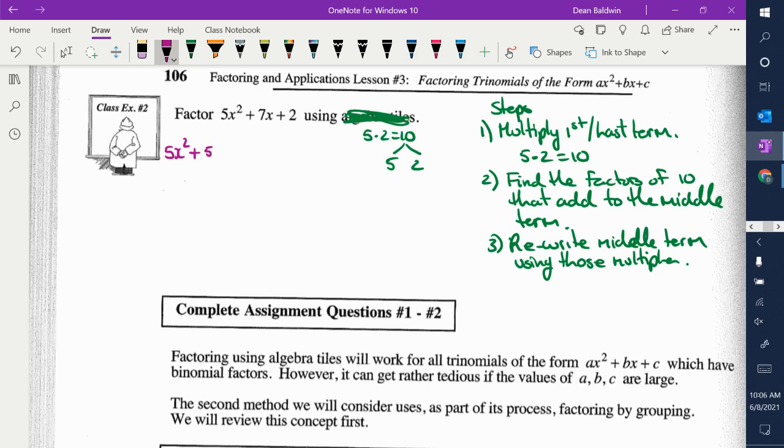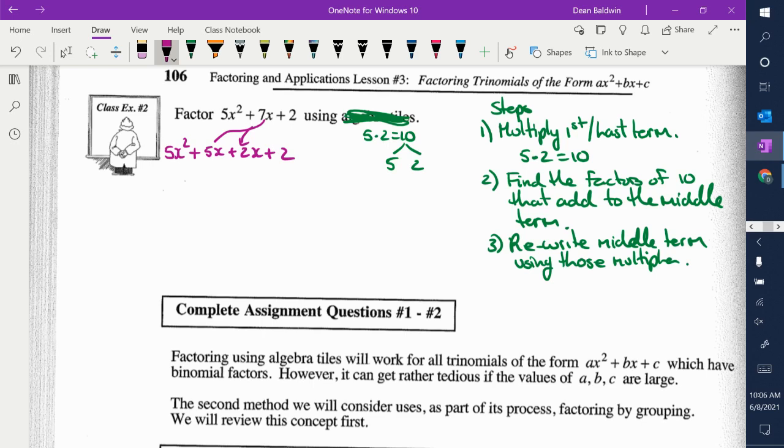So I go, okay, 5x plus 2x plus 2. I just split the 7 into the 5 and the 2. That's all I did. And that's the same thing, right? Because 5x plus 2x is 7x. We haven't changed anything yet. It's like 5 apples plus 2 apples, 7 apples.